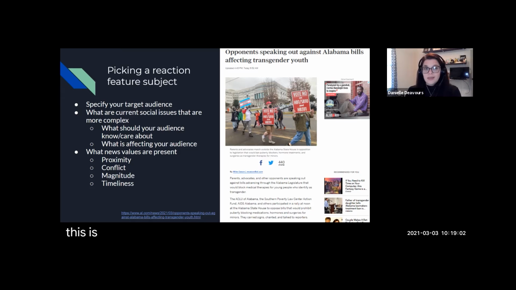This is something that our audience would care about, since we do have a significant LGBTQ plus community on our campus. And it's something that matters in terms of healthcare. So we could speak to our nursing students, we could speak to people who are in healthcare, and see how it affects them in that way as well.